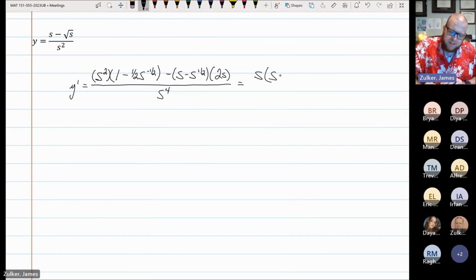We're going to have S minus a half S to the 1/2. Here we're going to be left with 2, distribute it through.